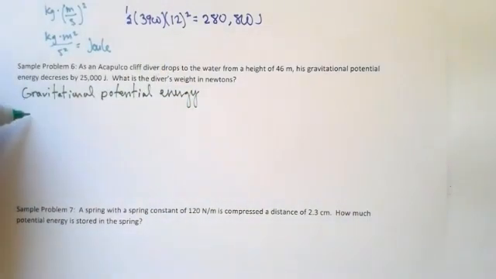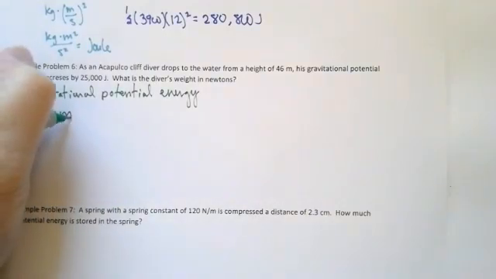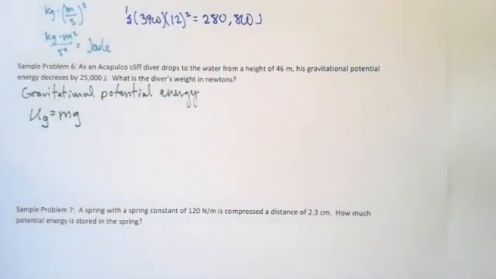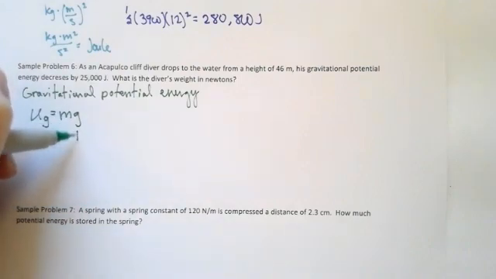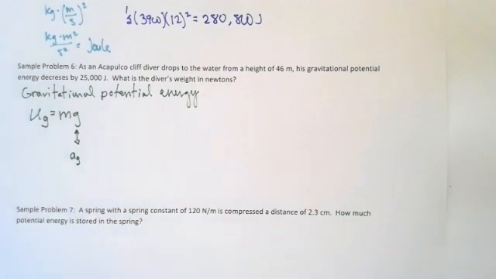Potential energy is usually abbreviated as a giant U, and then we'll use U sub G to indicate that this is gravitational. It is equal to mass times the acceleration due to gravity. Now, this is the same thing as A sub G. Little g and A sub G are the same thing. Again, I've always emphasized A sub G because I don't want you to make the mistake of thinking this is a force times height.